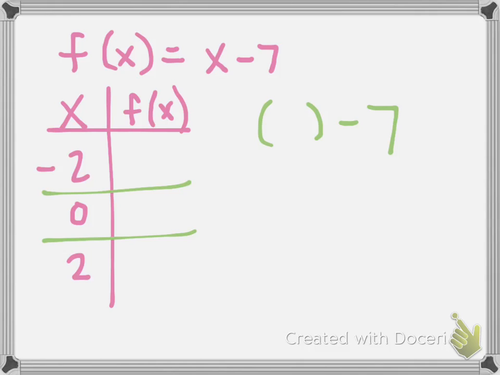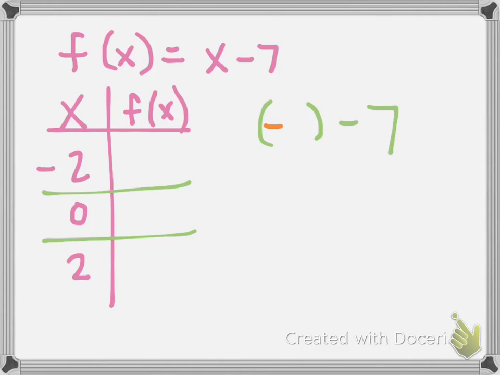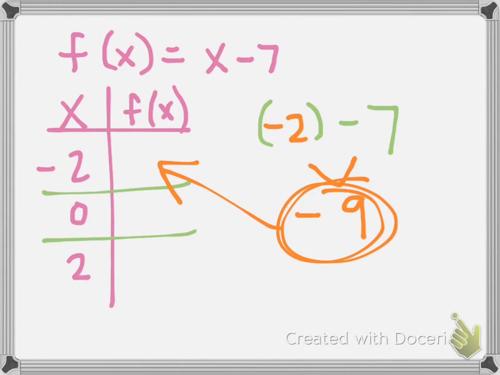Now I can take a look at my table and pull out my x values and substitute them in. So I'm going to plug in -2. -2 minus 7 is -9. So I'm going to put that value back into my table.